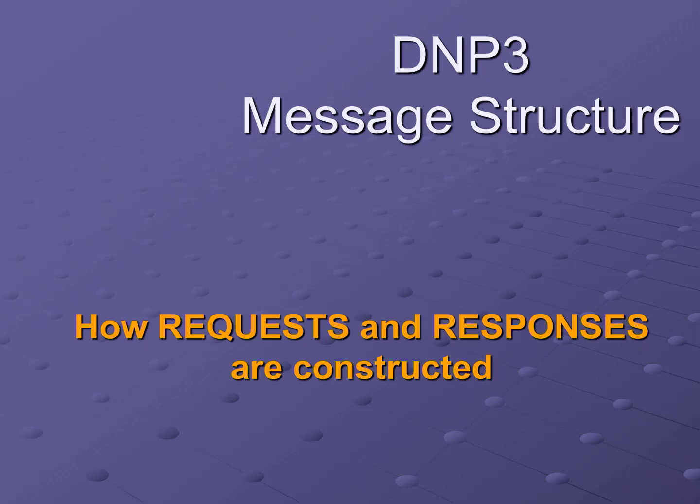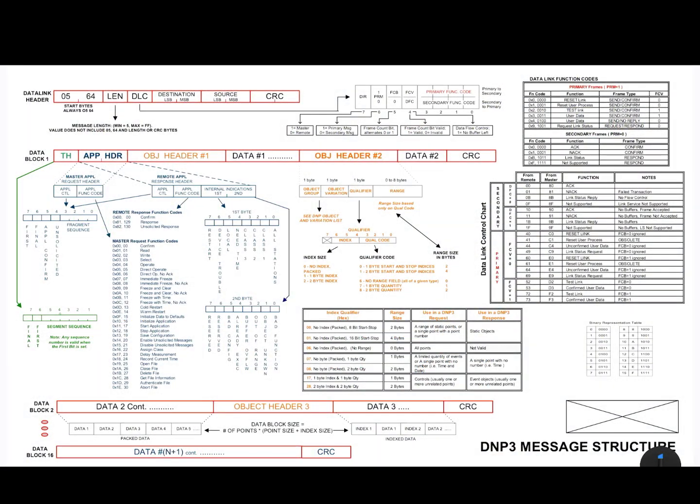So first thing I want to do is go ahead and look at the breakout sheet. Essentially, if you start at the top left-hand corner of the breakout sheet, you're starting with the DataLink header. When we look at interpreting a message, we start at the lowest layer, that is the DataLink layer, and we move our way up towards the application header, taking each layer at a time and interpreting it.